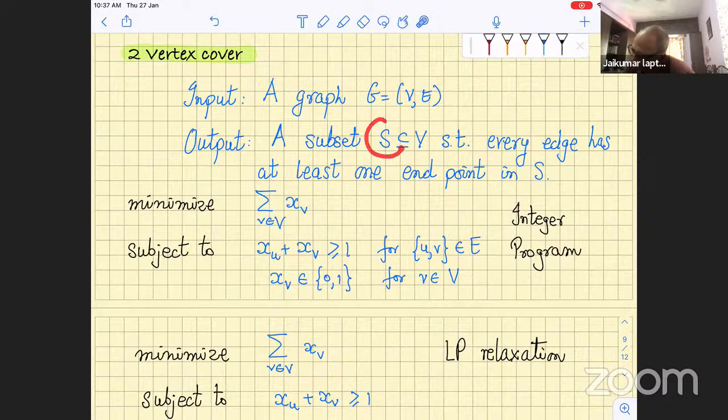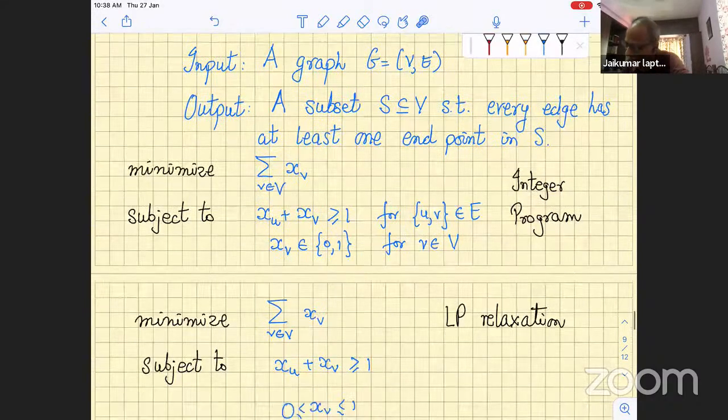So you're looking for a subset of vertices S so that every edge has at least one endpoint in S. If you think of edges as streets in a city, we want the minimum number of places where we want to locate cops so that every street is being watched by some cop from one of its two ends. Anyway, I don't think you need such motivation.